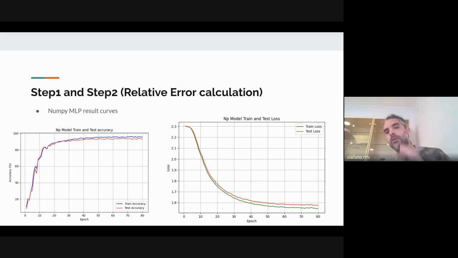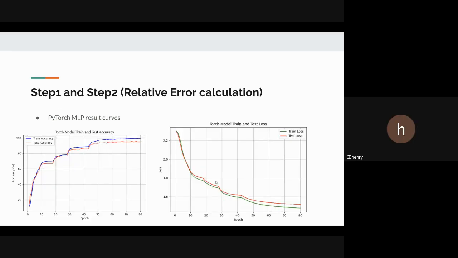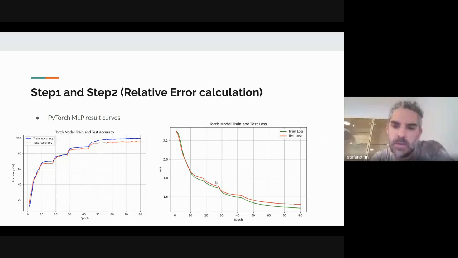Okay, so go ahead. Next, we train our PyTorch model. Based on the same logic, we use the same settings, except that we alter our optimizer to Adam to enhance the convergence rate. But you also have some learning rate scheduling, right?